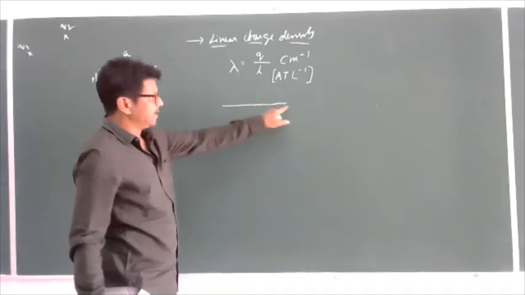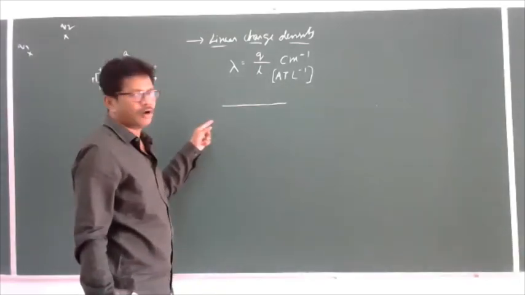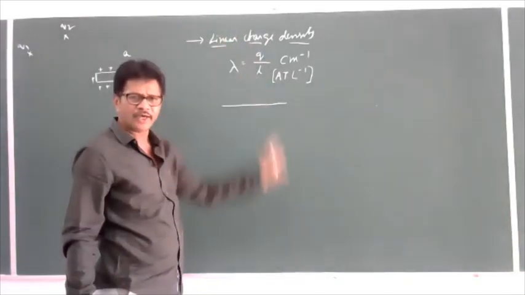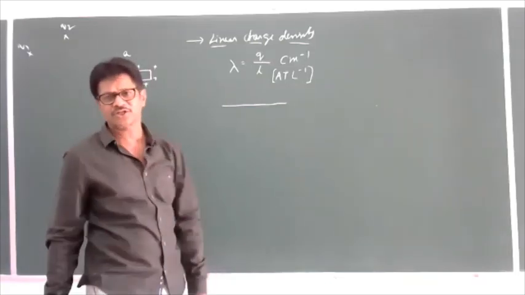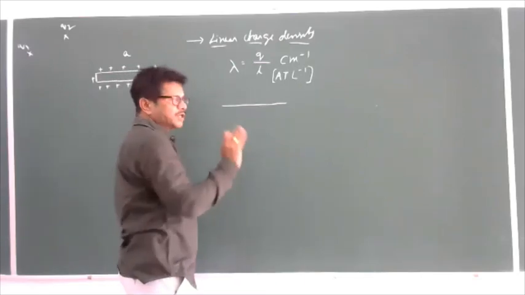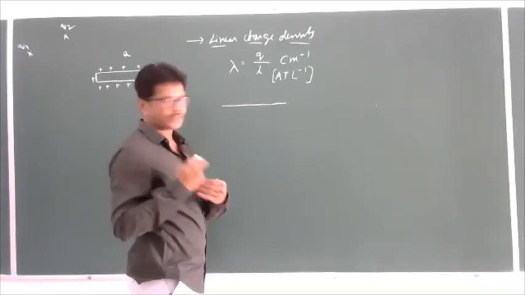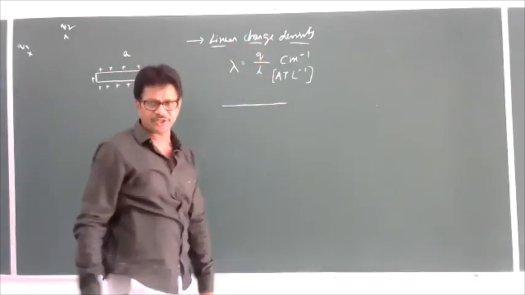This is the wire, which is a one-dimensional shape. That wire might be along the x-axis or the y-axis or the z-axis. So it is a one-dimensional structure. In case of one-dimensional shaped bodies, we'll take the help of this linear charge density.